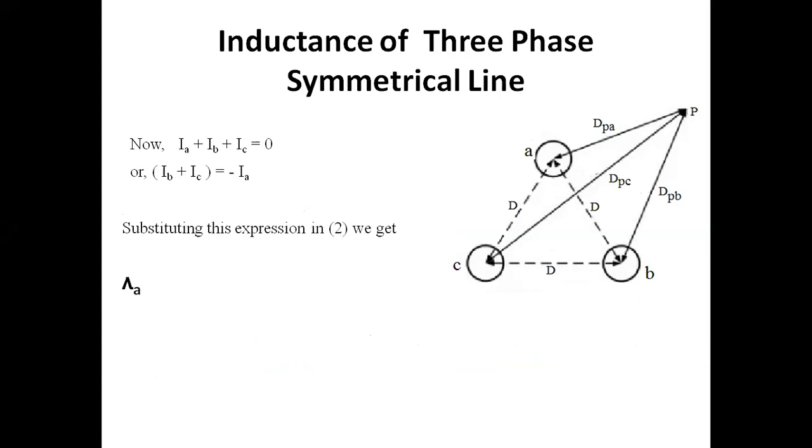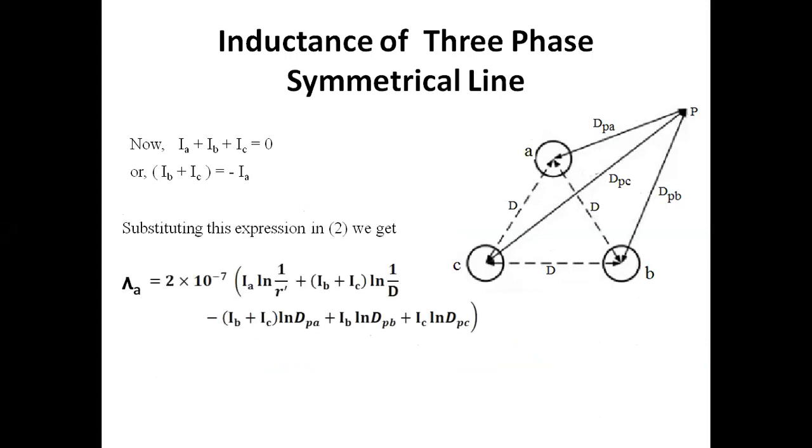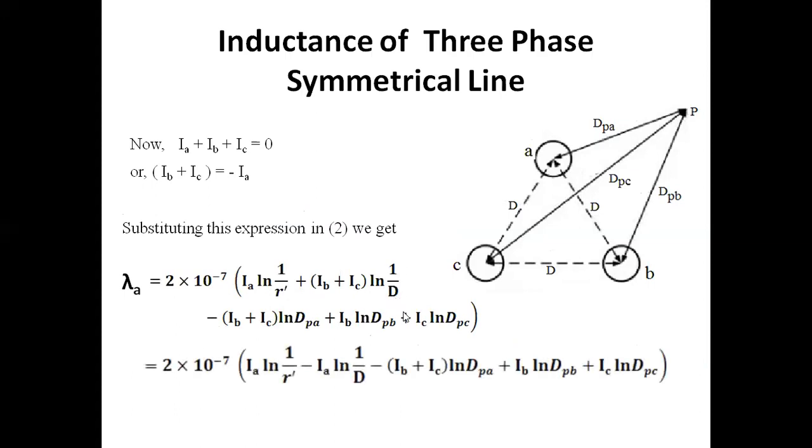Now in equation number 2, instead of IA here, we can put minus (IB plus IC), and here IB plus IC is common with ln 1 by D. After this we get IA ln 1 by r'. Now IB plus IC is converted to minus IA, and the previous IA is converted to minus (IB plus IC).